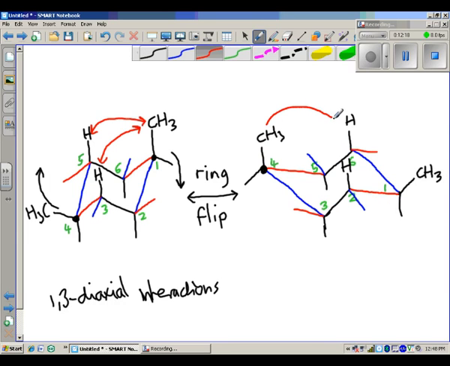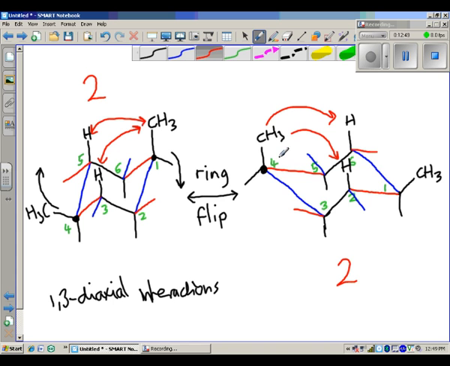So these two will interact, and these two will interact. Remember we said before, hydrogens are too small to interact with each other. So how many diaxial interactions do we have on this conformation? Well, it was 2. And how many do we have for this conformation? In this case, it's also 2. So that means neither conformation is more stable than the other, so you get approximately a 50-50 split.